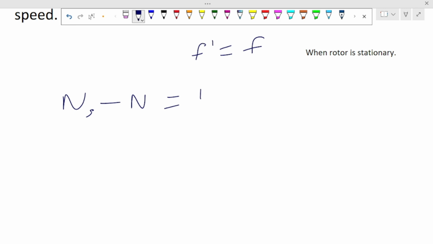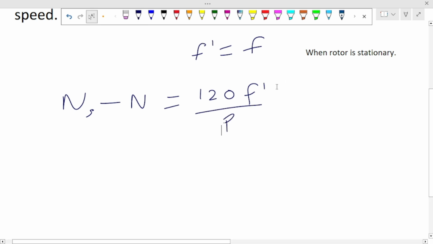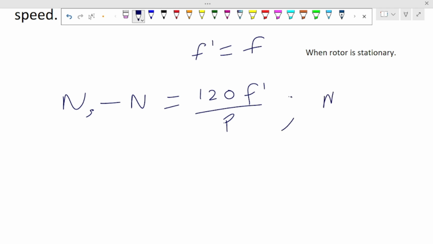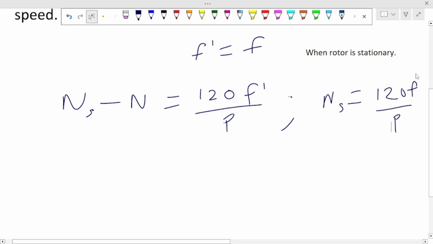And there is something we made mention of the last time, saying 120 over P. But now we are talking about the frequency of rotor current. Now it depends on the synchronous speed, and the formula I'm trying to refer to is this one here: NS equals 120 F over P, where P is the number of poles.